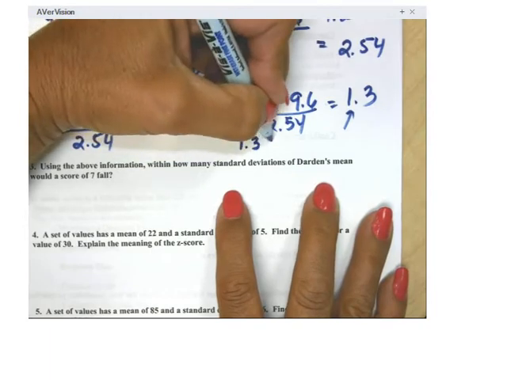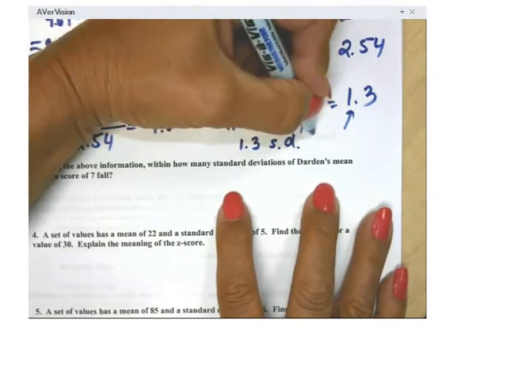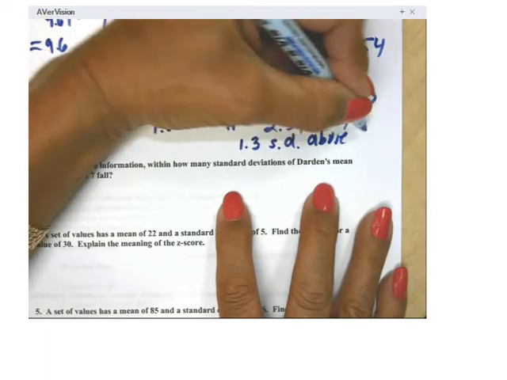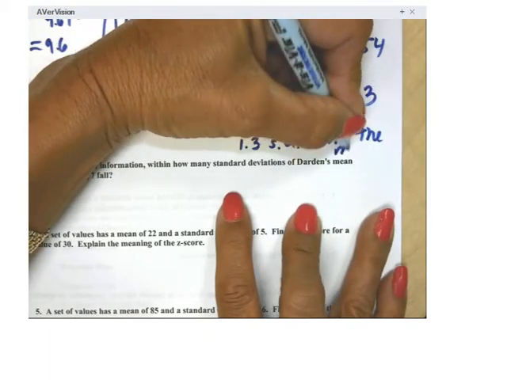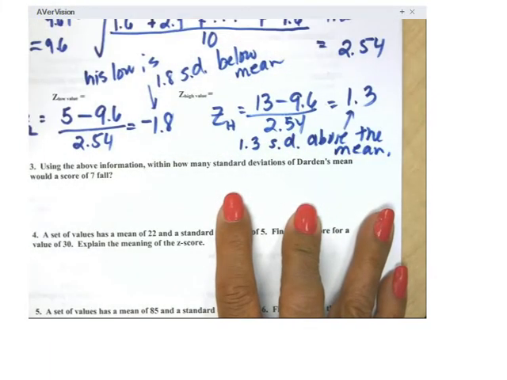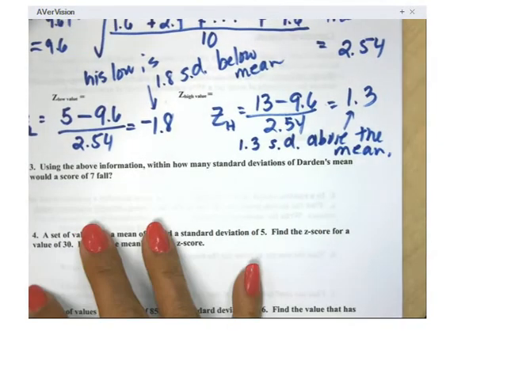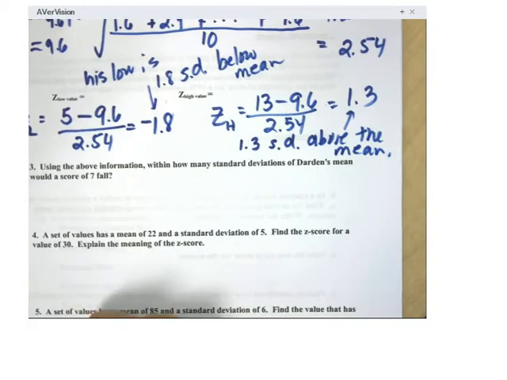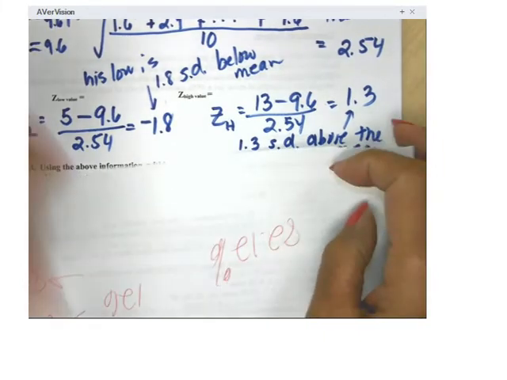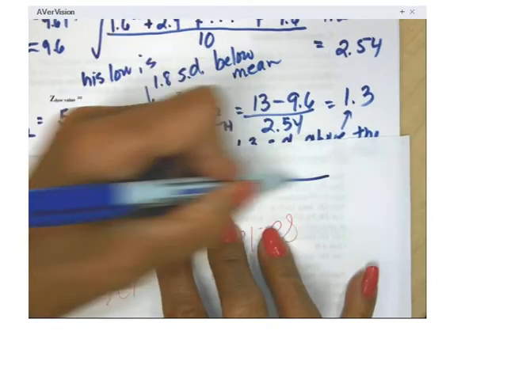Take the score minus the mean, divided by the standard deviation. When I do that calculation, I get 1.3. So that means his high was 1.3 standard deviations above the mean.